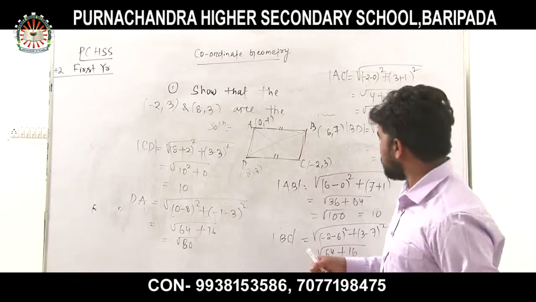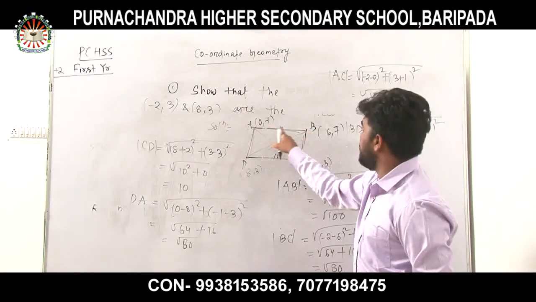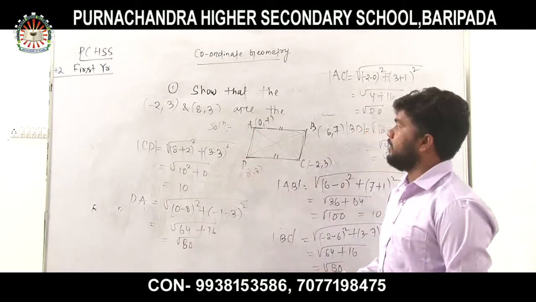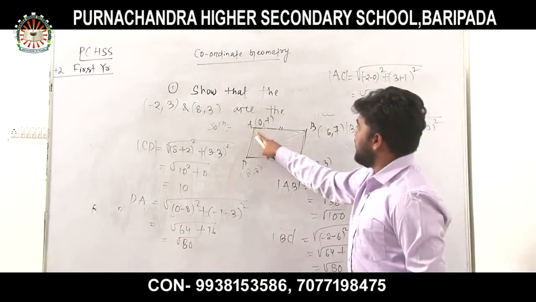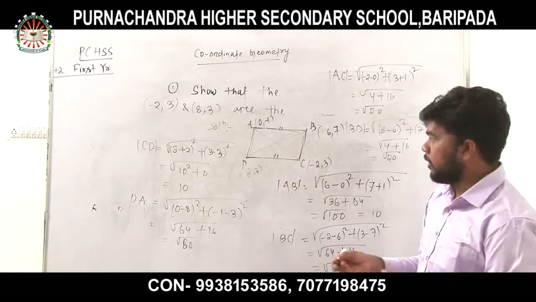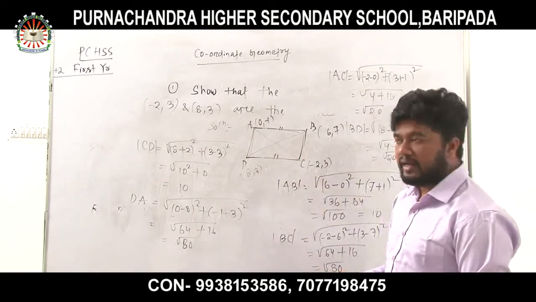Look, AB is equal to CD, and BC is equal to AD, and also the diagonal AC is equal to BD. Okay, it proves that ABCD is a rectangle.